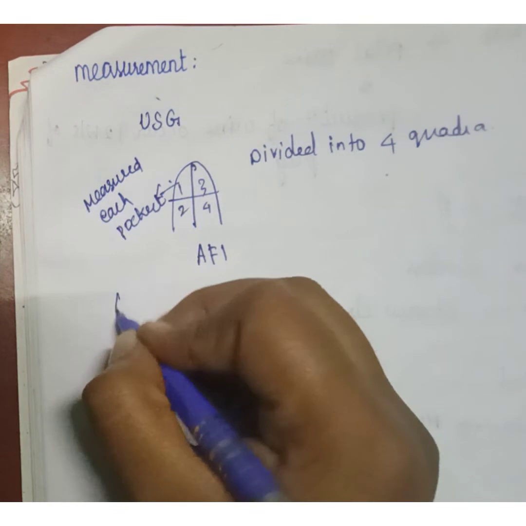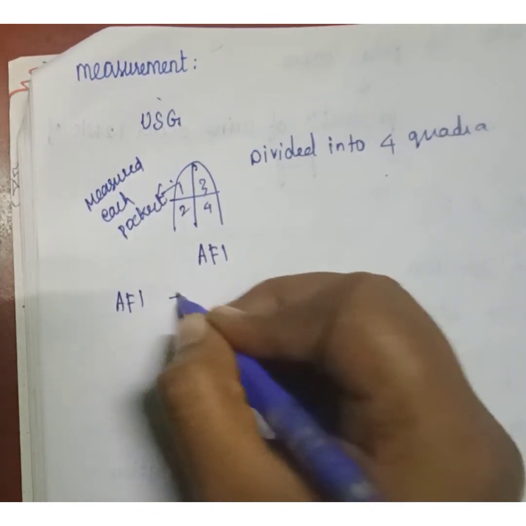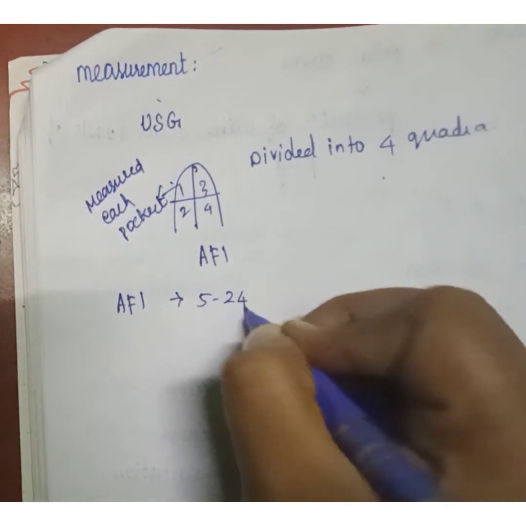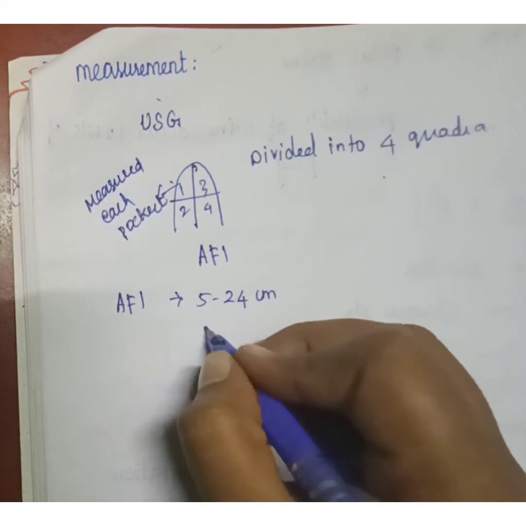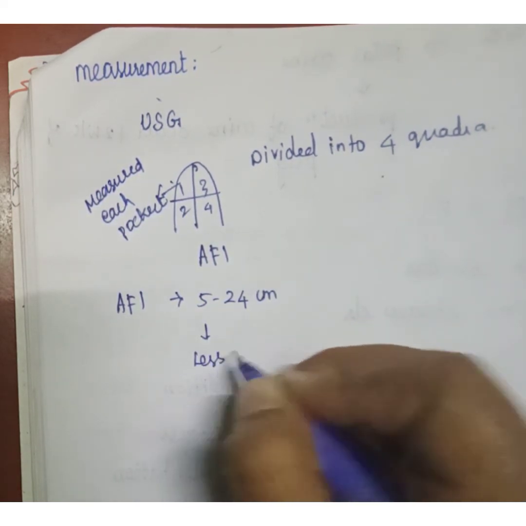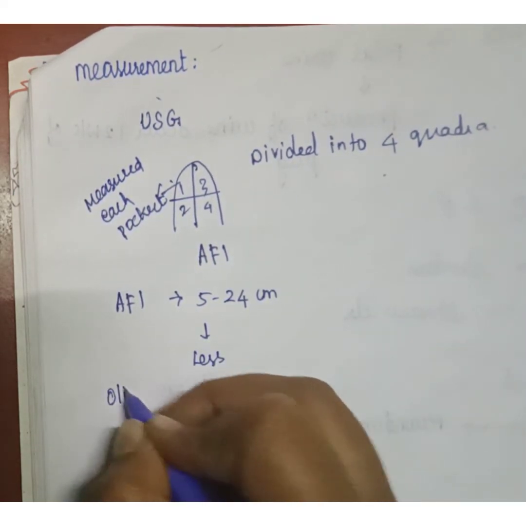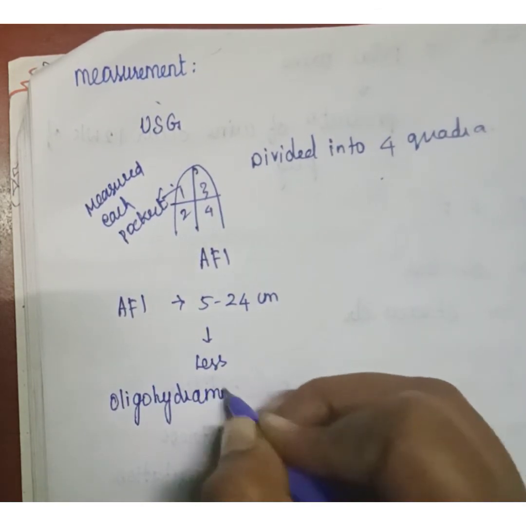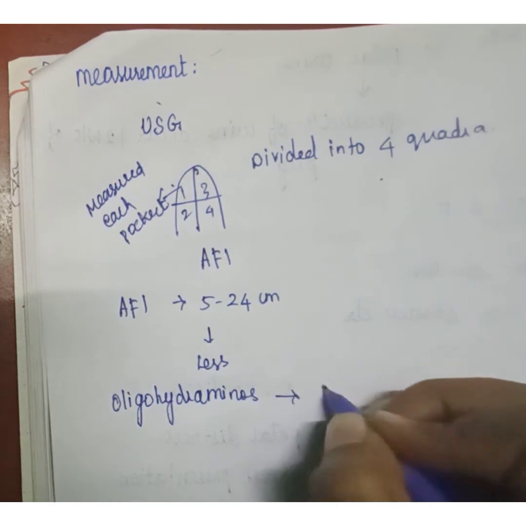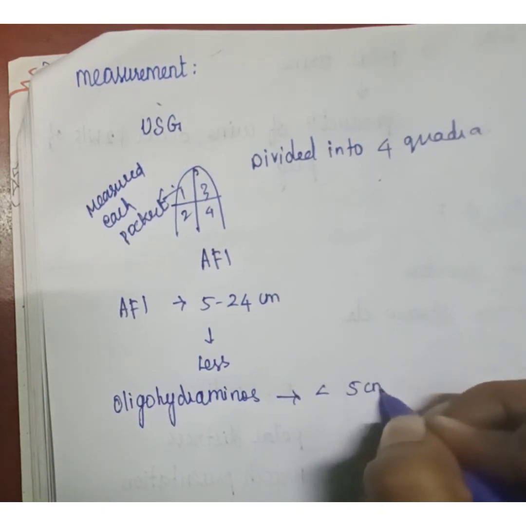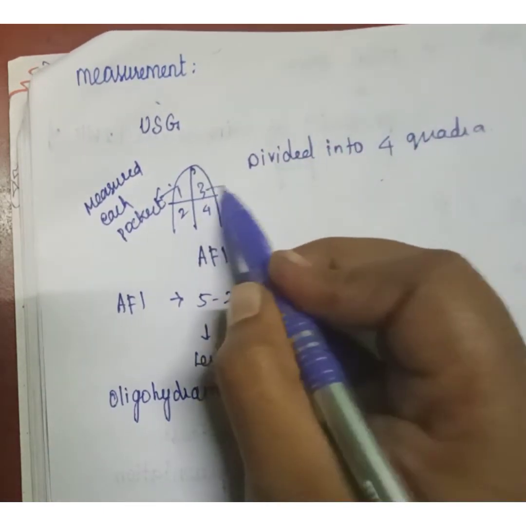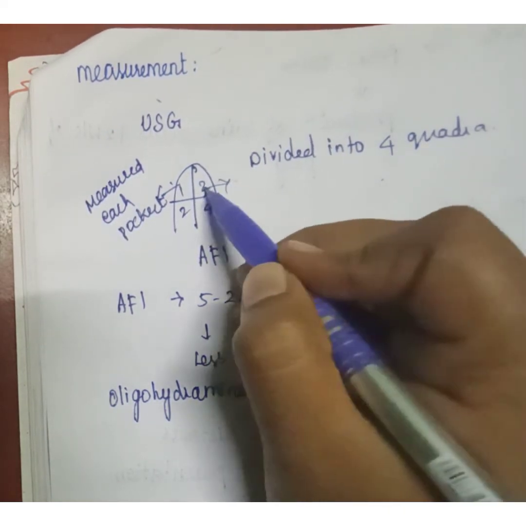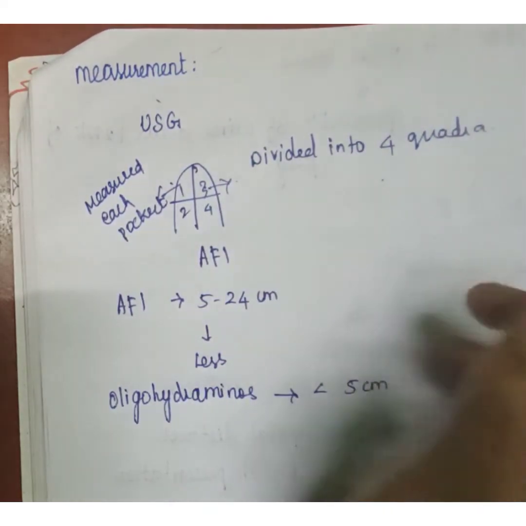The normal amniotic fluid index is 5 to 24 centimeters. If it is less, we call it oligohydramnios. Oligohydramnios is less than 5 centimeters. If it is less than 5 centimeters, we call it oligohydramnios.